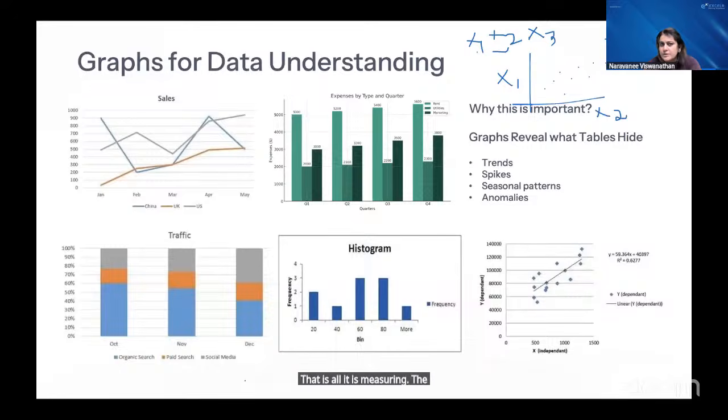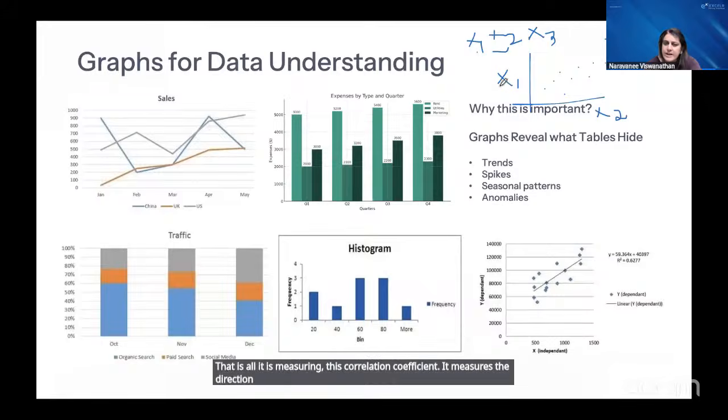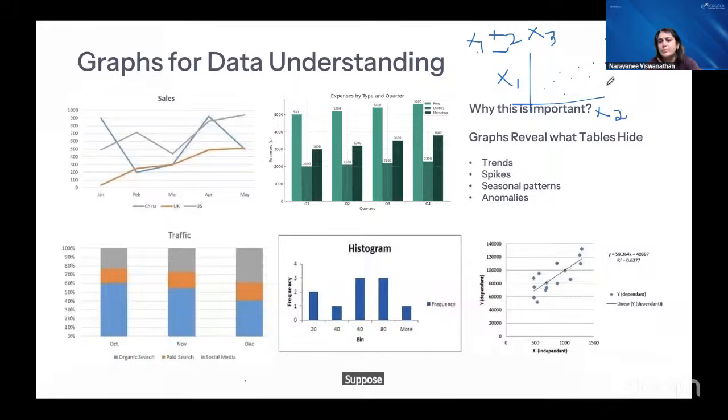This correlation coefficient measures the direction in which x1 moves alongside x2.